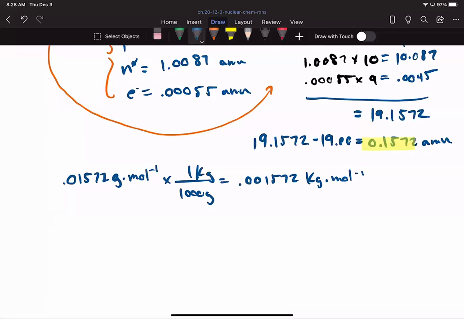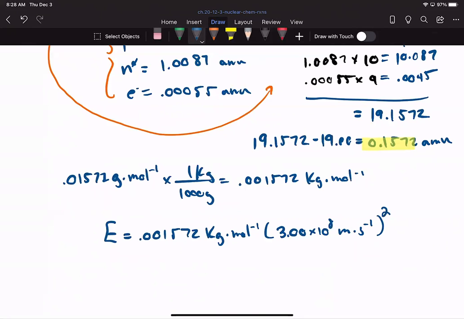All right, so now that I have it in kilograms, we can calculate this out. So energy is equal to 0.001572 kilograms per mole multiplied by c, our speed of light, 3.00 times 10 to the 8th meters per second, squared.